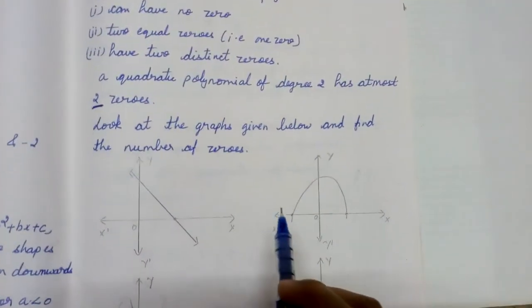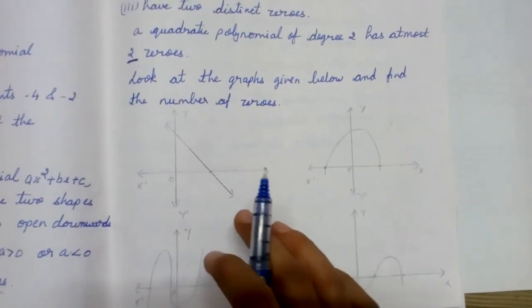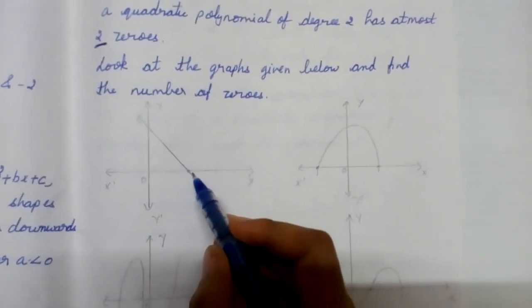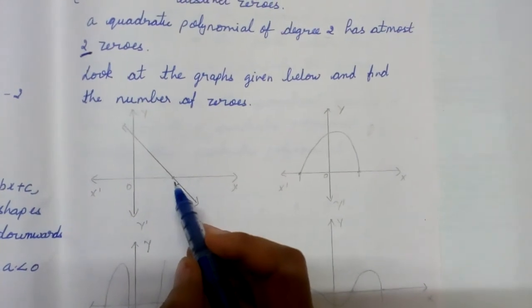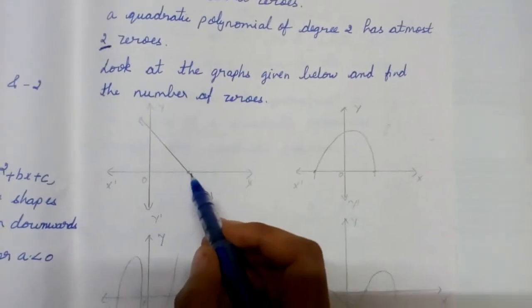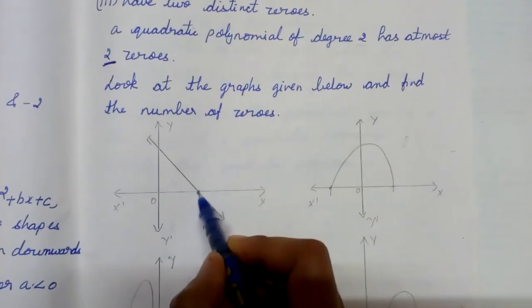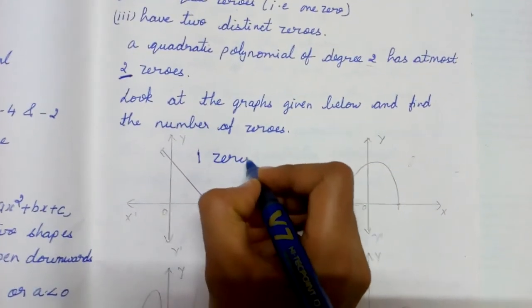Now look at the graphs given below and find the number of zeros. You all know that the x-coordinates where the graph meets the x-axis denote the zeros. This is a linear polynomial because it is a straight line. It intersects the x-axis at one point, so it has only 1 zero.